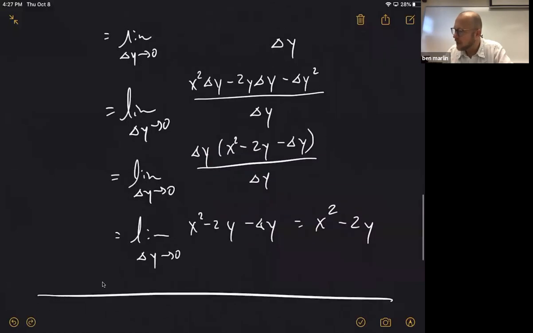And when we do that, this stuff here only has a little bit with the delta y hanging on it, but as delta y goes to 0, that piece is certainly going to go to 0, right? But that means that the piece that remains is x squared minus 2y. And if you look back up at the original function, x squared y minus y squared, taking its derivative, that's what you would have gotten, okay?